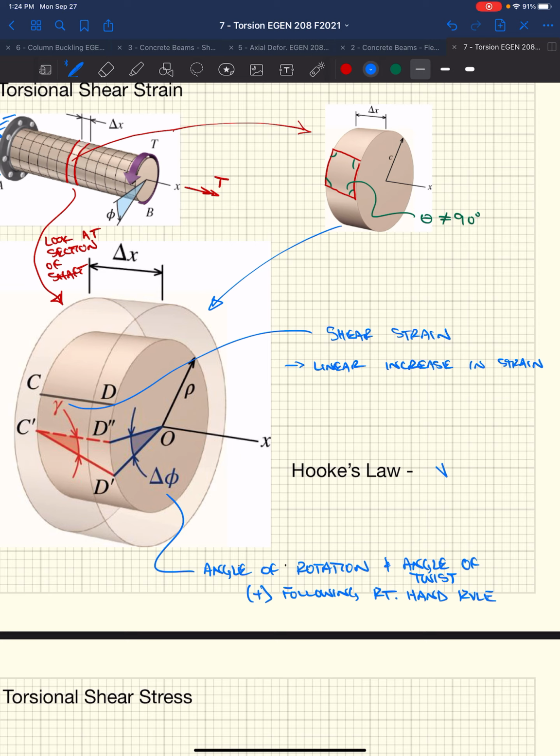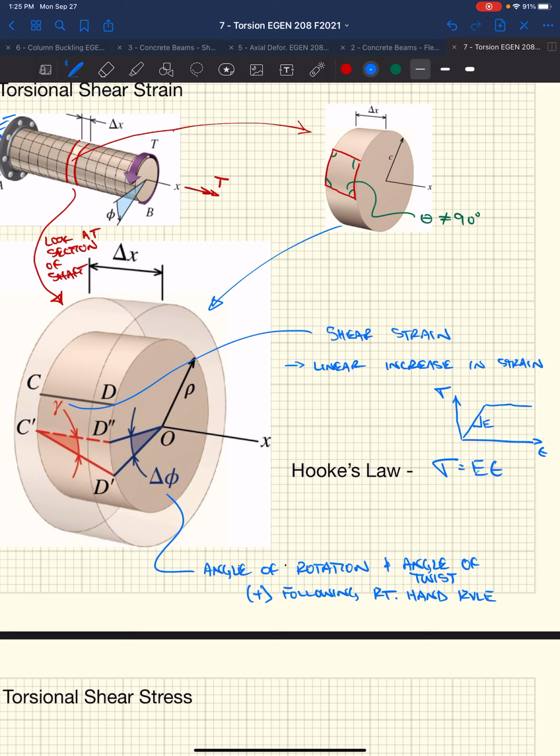Well, remember, we've got Hooke's law, which we've discussed. That is from our tensile test. We've got this stress-strain diagram from our tensile test. It does something like this, where this was E, our modulus of elasticity, the slope of this line where we're in our linear elastic portion.